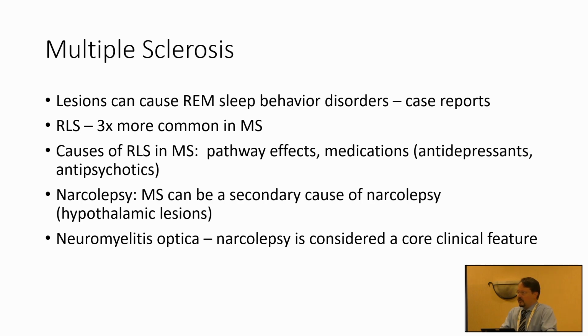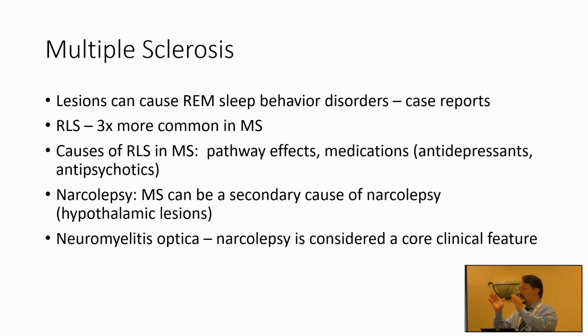You can also see other causes for that, including things like medications. So they commonly have depression, so they're on antidepressants, and that can alone be the reason for that, but also it can kind of help bring out RLS.